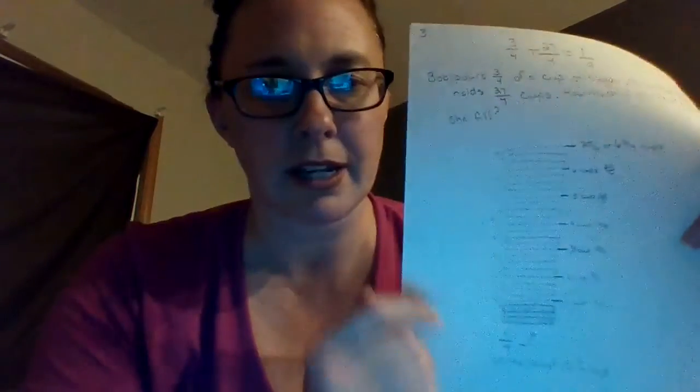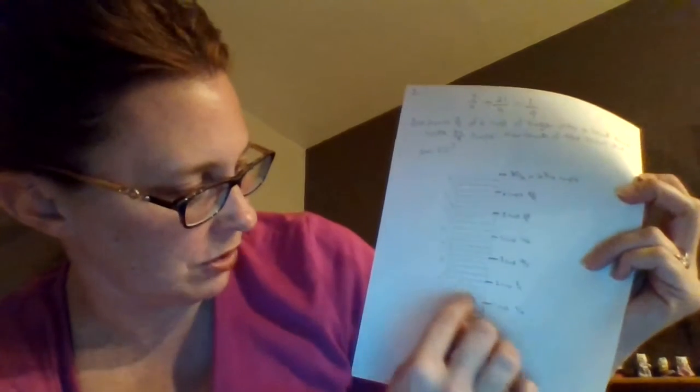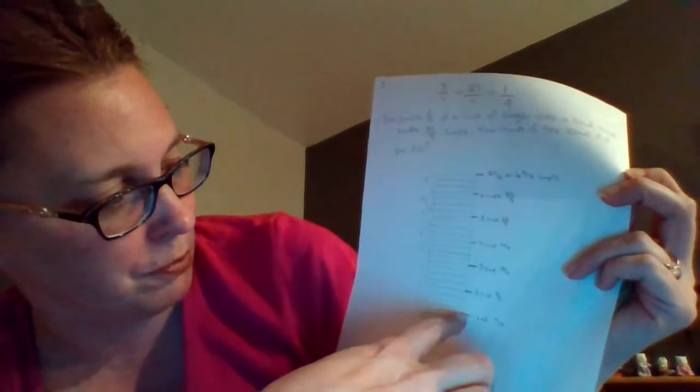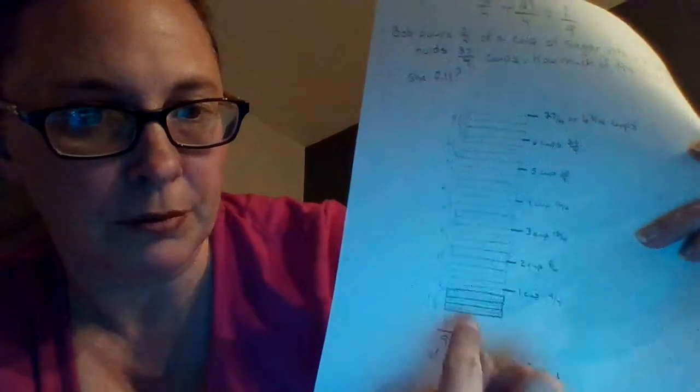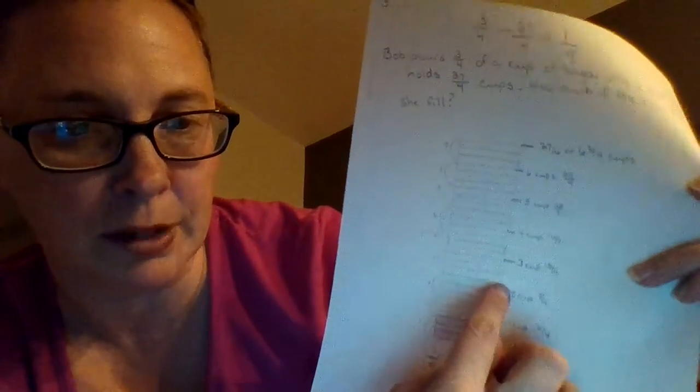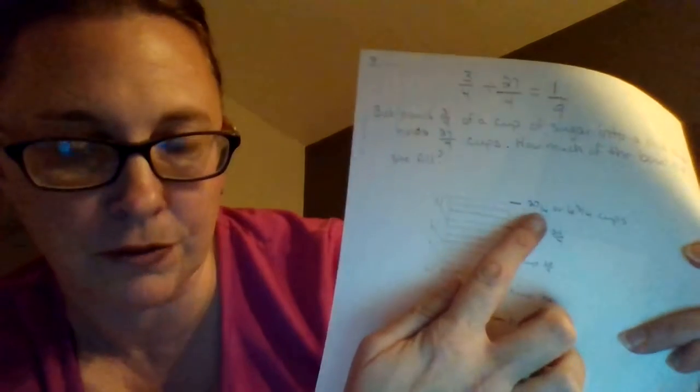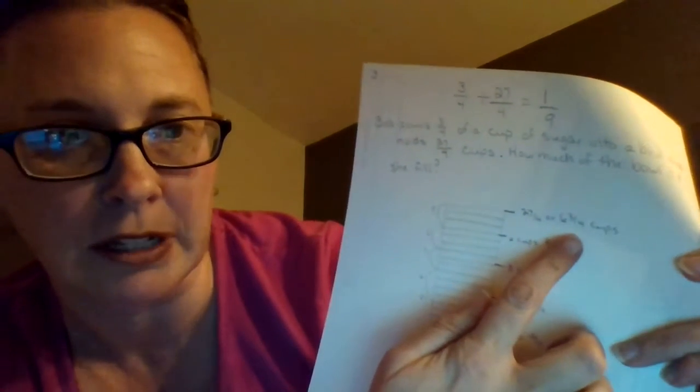So with my diagram here, we took and divided the bowl up into 27 total pieces, which also breaks down to 6 3/4 cups. So there's 4 pieces per cup. I'm sorry, I hope you can see that. 4 pieces per cup, and then it goes all the way up to 6 3/4 cups, or 27/4.